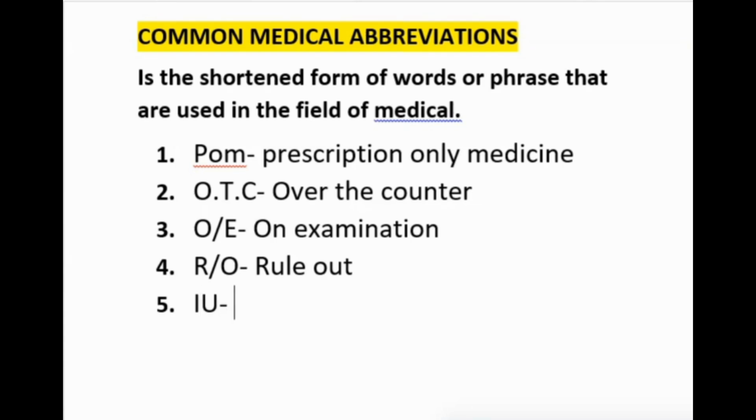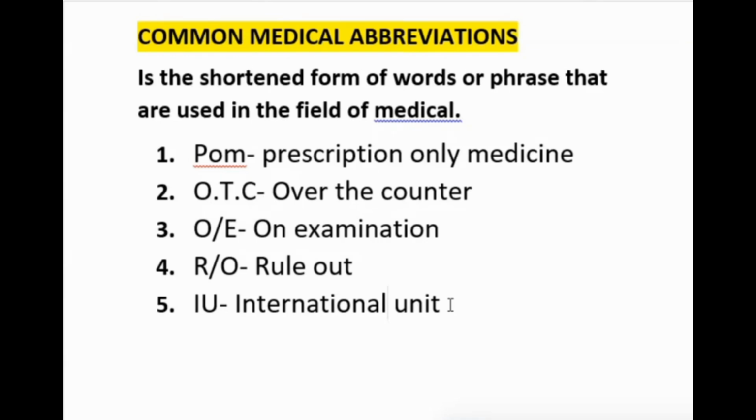The next one we have is IU. IU means international unit. Drugs usually come in forms of composition like the milligram, the gram, the microgram, and the millimole.